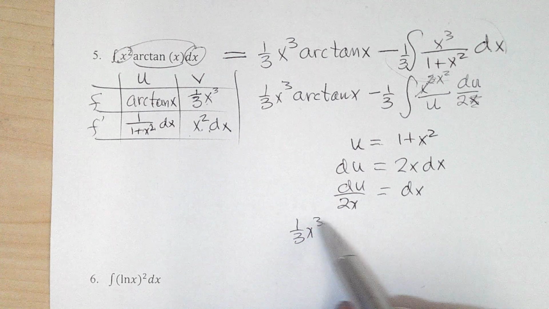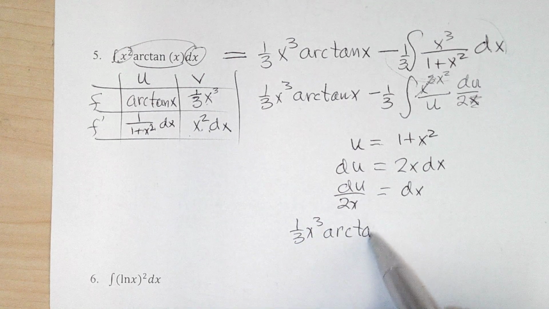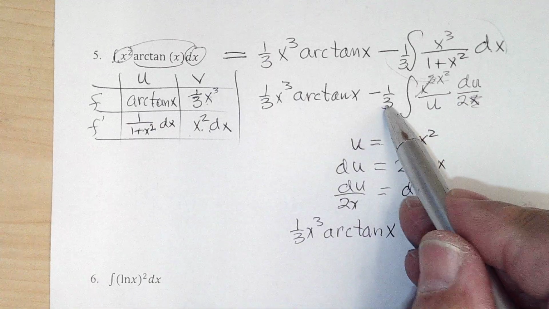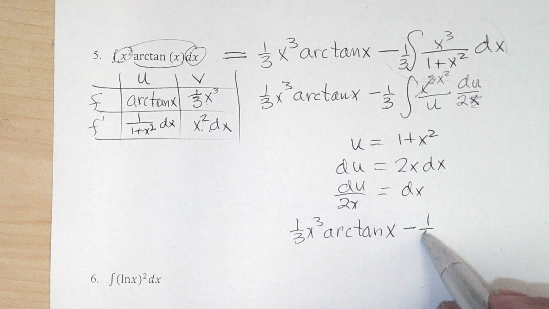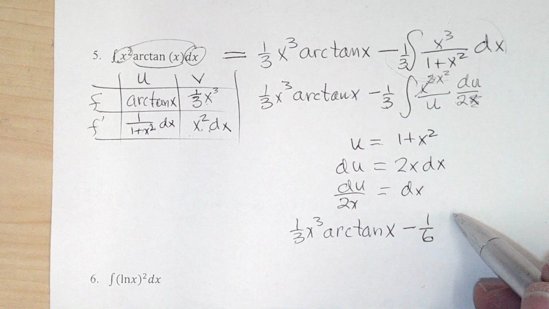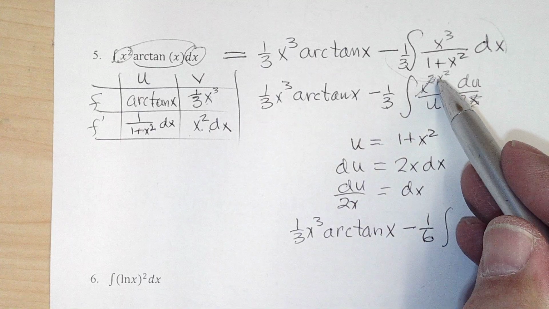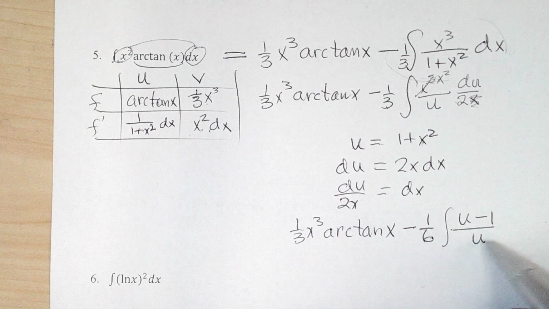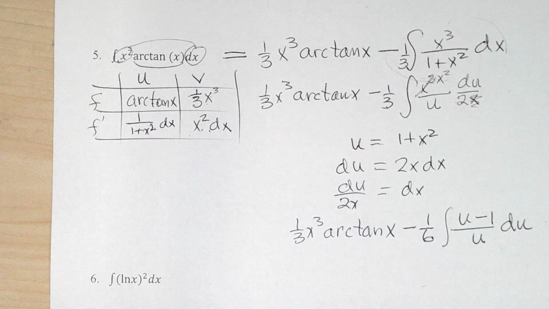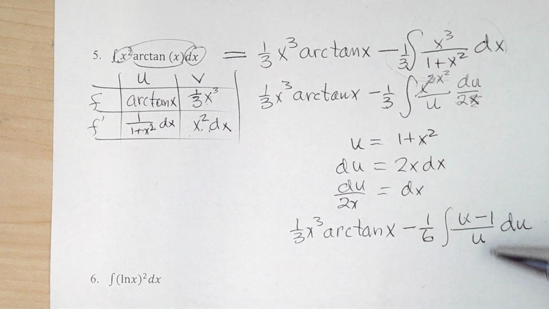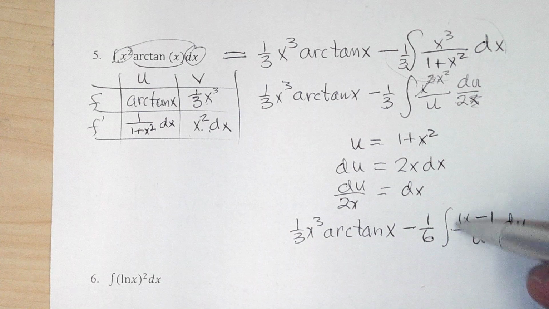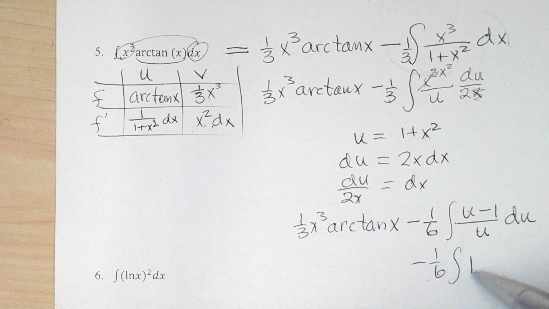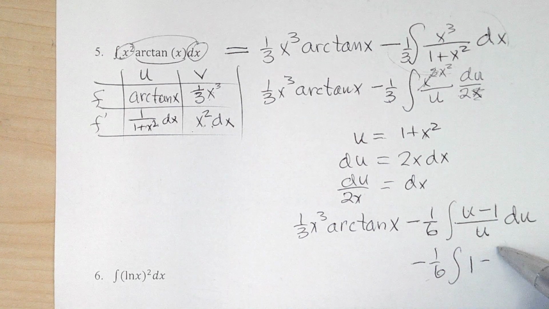1/3 x to the third arctangent x minus, and the 2 will come out in the denominator, so minus 1/6 integral of x squared, which is u minus 1 over u du. So I can split this up into u over u, which is 1, and this is minus 1 over u.